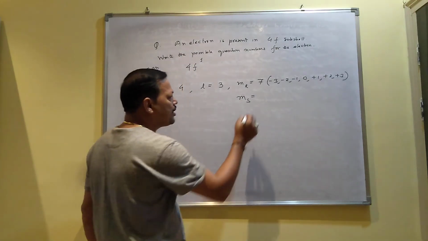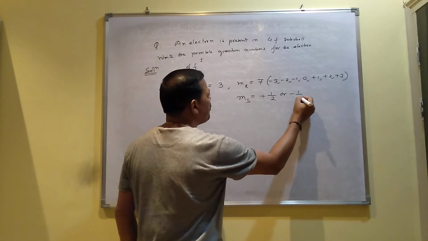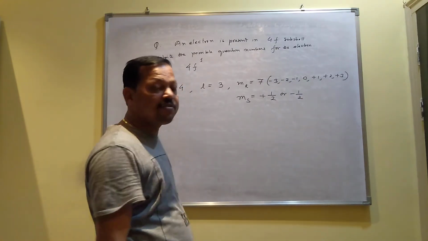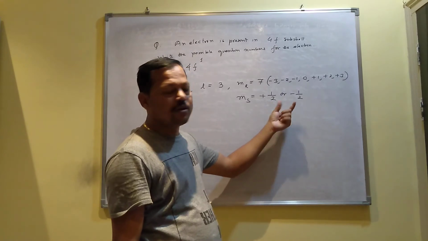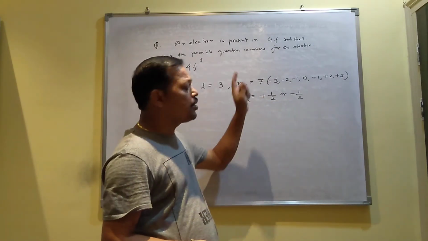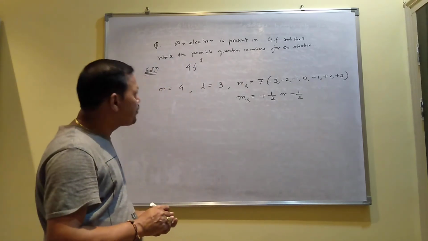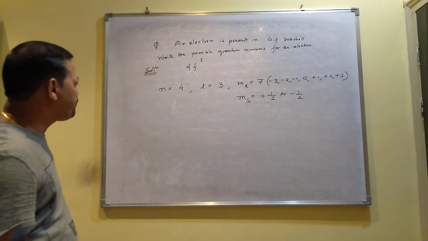That is why when you write the value, you have to write like this: plus half or minus half. Don't write plus half and minus half. If you write and, then it represents 2 electrons. So the spin may be clockwise or anti-clockwise because only 1 electron is present. So this type of question may be asked in your exam.